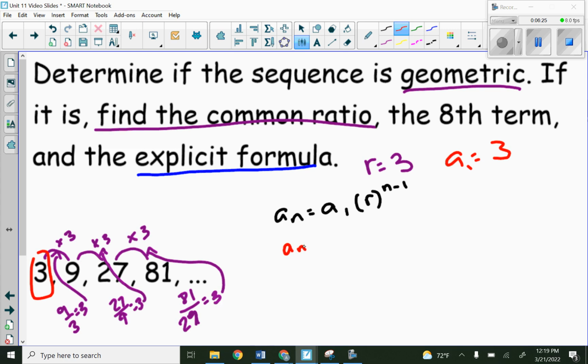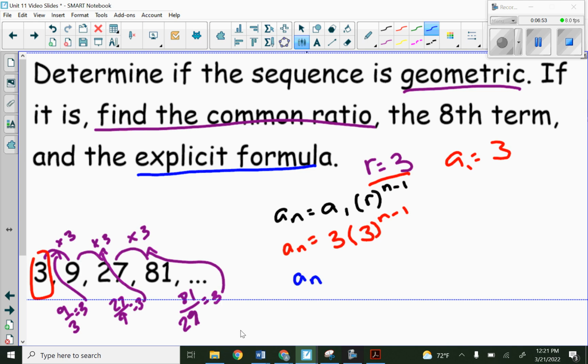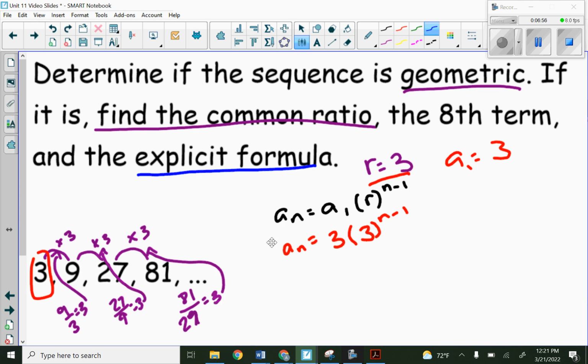So a sub n equals 3, our ratio was also 3, to the n minus 1 power. So this is our answer for our explicit formula.